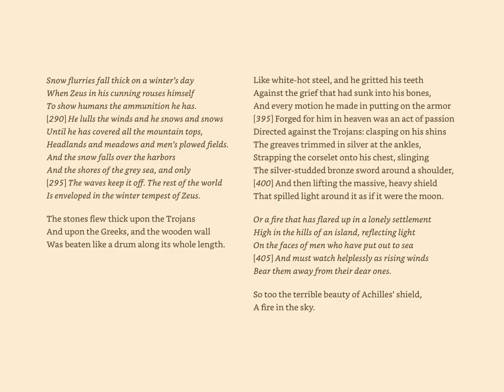So here's an example, and as we look at these examples, we'll begin to understand even more how Homer employs these similes. Now on the left, you've got from book 12, Homer is comparing the number of stones being thrown on the Trojans to snow flurries falling on a winter's day, okay? And you can see he goes on. He's probably got 8 or 9 lines there, 10 lines.